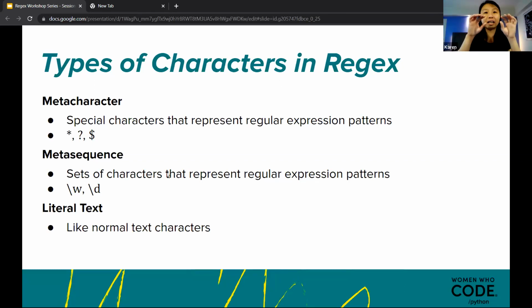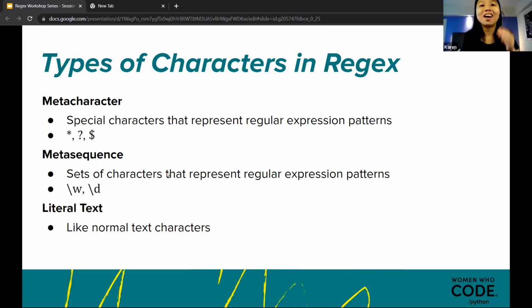It's a representation of the pattern itself. The very famous one, which I did not list here, is \n.